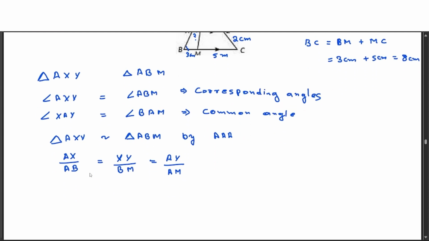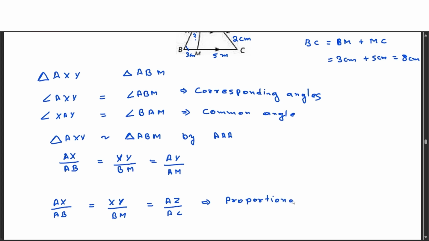Since these two triangles are similar, we can say AX over AB is equal to XY over BM is equal to, can we say AG over AC, based on the proportionality theorem.